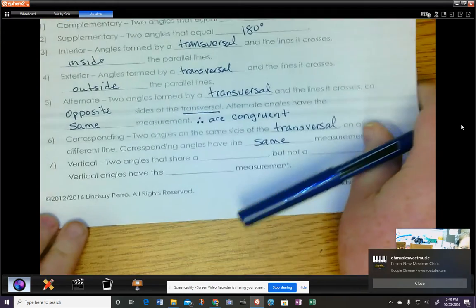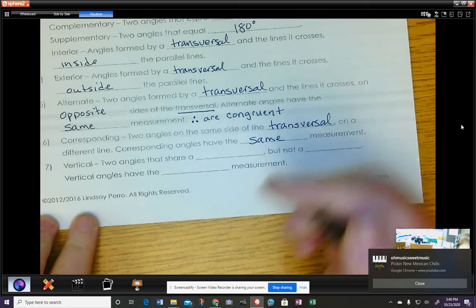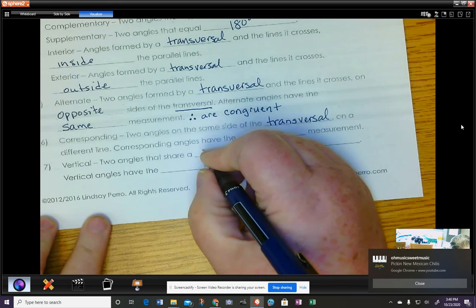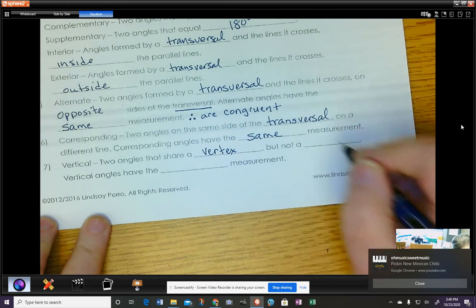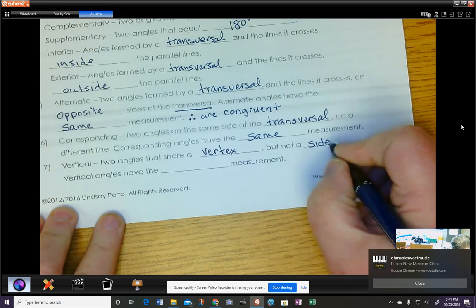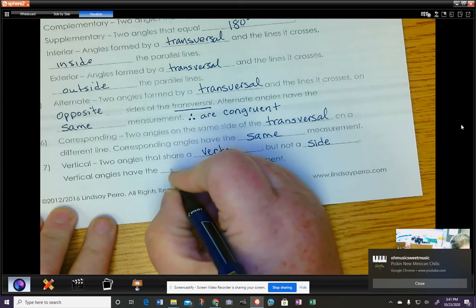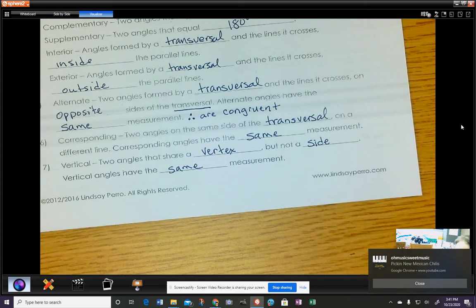Vertical angles are two angles that share a vertex, but not a side. Vertical angles have the same measurement.